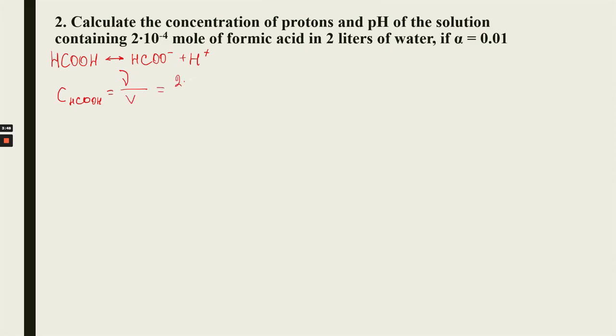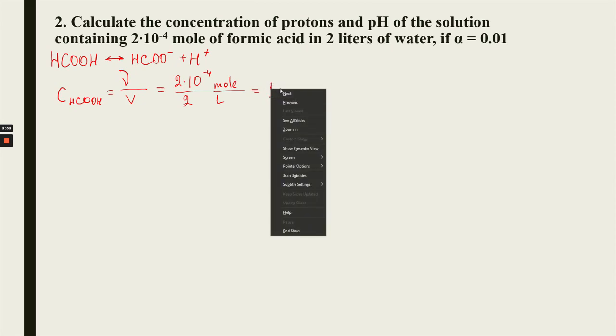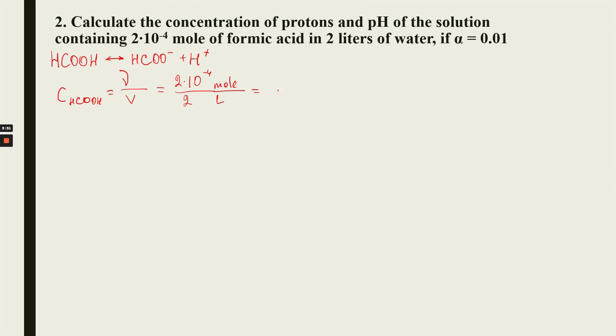So 2 multiplied 10 power minus 4 divided by 2. Here are moles, here are liters. So it will be 1 multiplied 10 power minus 4 moles per liter. Or you can don't write 1, just 10 power minus 4.